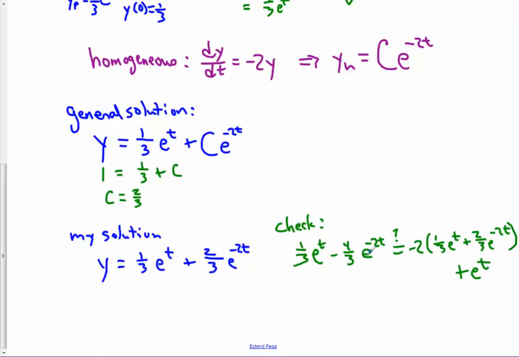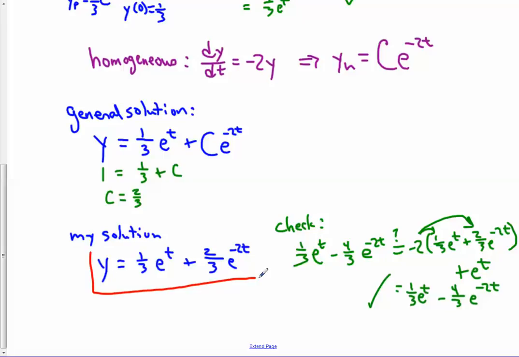And we want to see if the left and the right equal each other. I see that I have negative 2/3 e to the t, and then plus 1 e to the t. So that will give me 1/3 e to the t. And then I have minus 4/3 e to the minus 2t. So yes, it works. It matches. That's a check. So this is the answer.